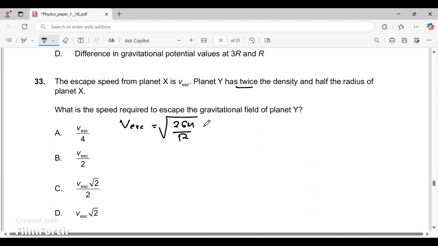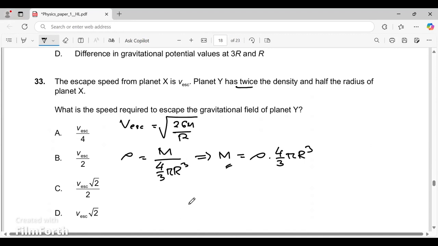The density of a planet is rho equals M over 4/3 pi r cubed. We can rearrange this formula to find M: M equals rho times 4/3 pi r cubed. So this is the mass of the planet.